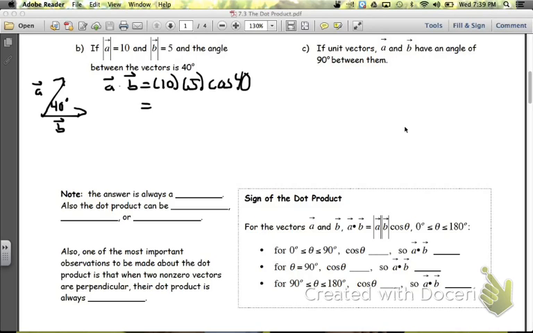When we calculate this, we get 38.3. Therefore, we have a positive work. The dot product is going to tell us if it's negative or positive.